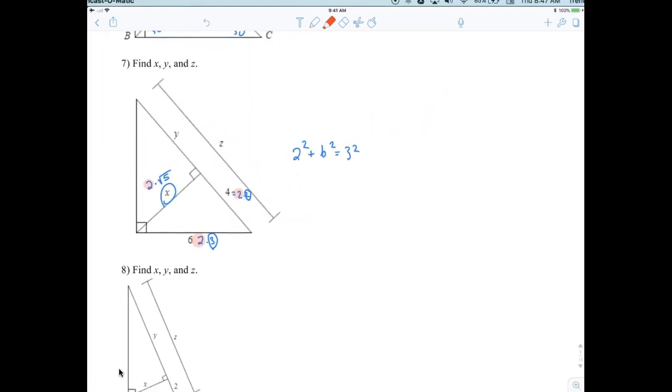Okay, here we go. So now I'm trying to figure out what y is. I know this right here is 2 radical 5.